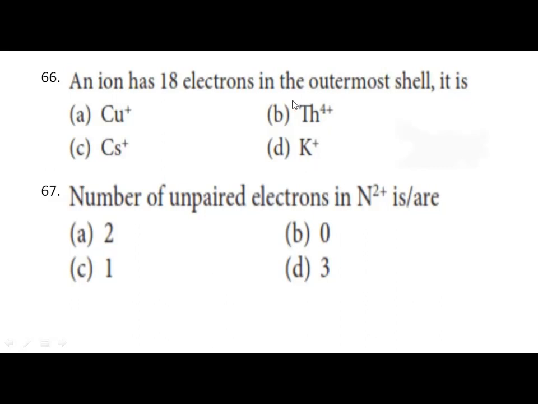Number of unpaired electrons in n plus 2 are. Now, how to understand unpaired electrons and paired electrons? See, when you are writing the electronic configuration, suppose I take nitrogen. Atomic number is 7: 1s2, 2s2, 2p3. In the orbital diagram, spin up, spin down, and for p, it is according to Hund's law of maximum multiplicity, spin ups.